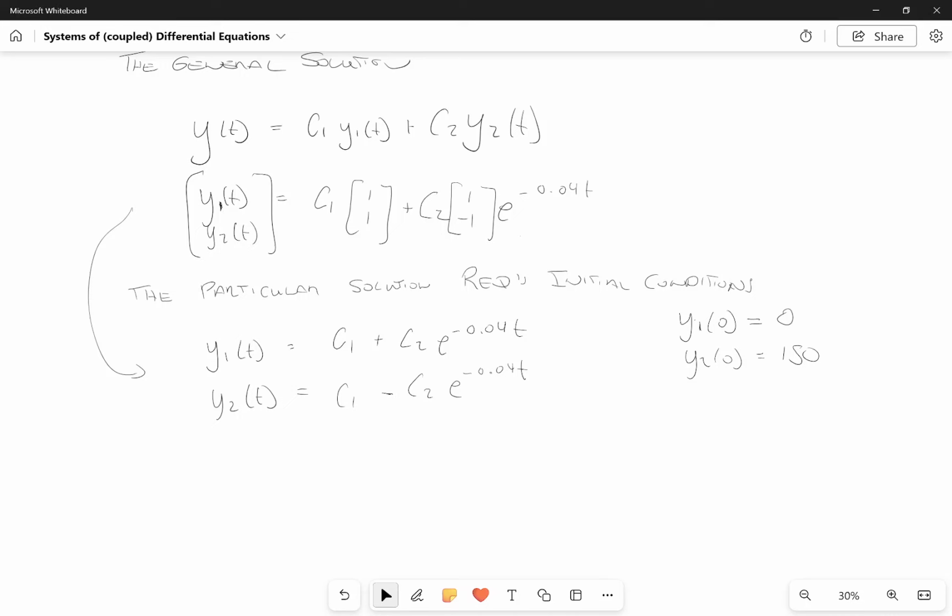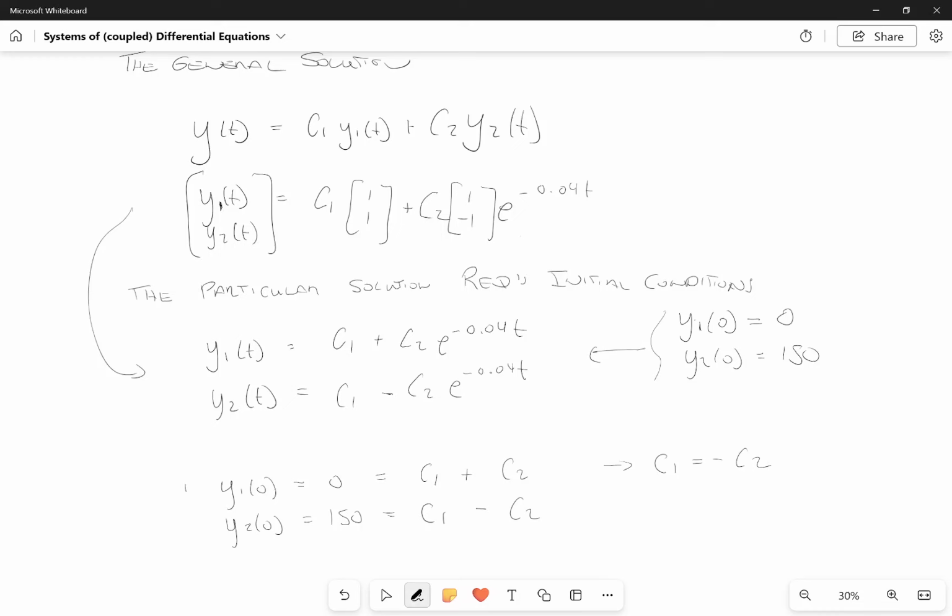From this we can solve for c1 and c2. So let's sub in there. y1 at 0 is 0 equals c1 plus c2, because when t is 0, it's just like that. And y2 at 0 is 150, equal to c1 minus c2. So we can solve for that. Here we're saying that c1 equals negative c2.